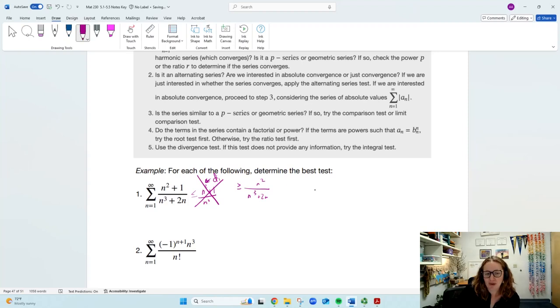And what do I know about this term over here, or this sequence? I actually know that this term converges. So having something larger than it isn't actually going to help me at all. So once again, a direct comparison test did not help.